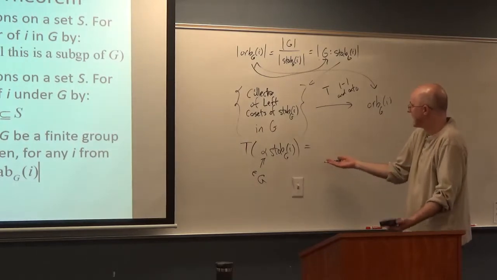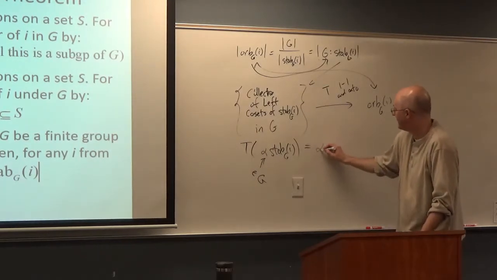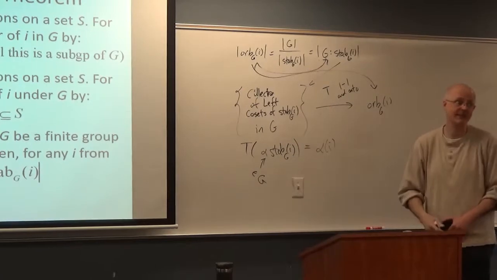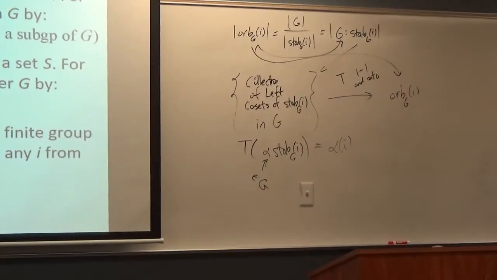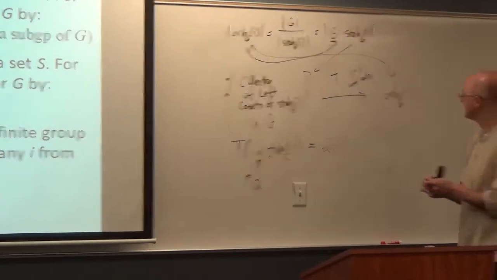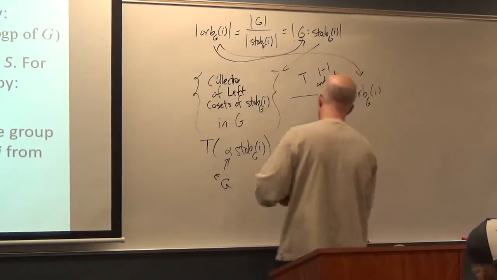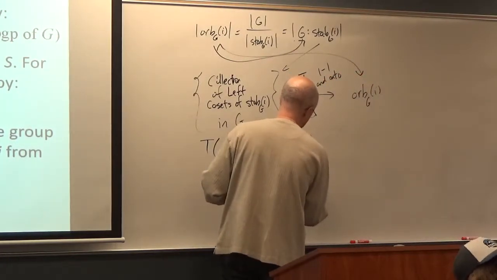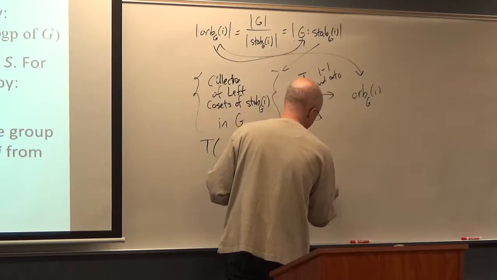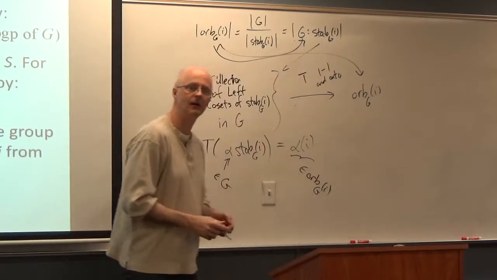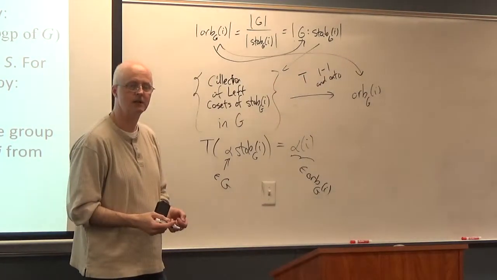Well, based on the symbols that I have, the only possible thing I could try would be alpha of i, and that fortunately does work. It's a natural thing to try. That is an element of the orbit of i under elements of G.